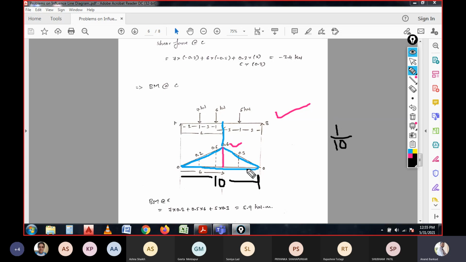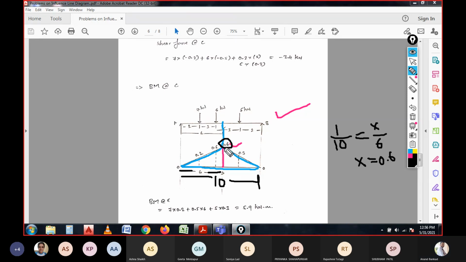So in this total span 1 by 10, and at this point we have a span of 6 meter, which is unknown. So x by 6 meter, so x will be 0.6, like this.